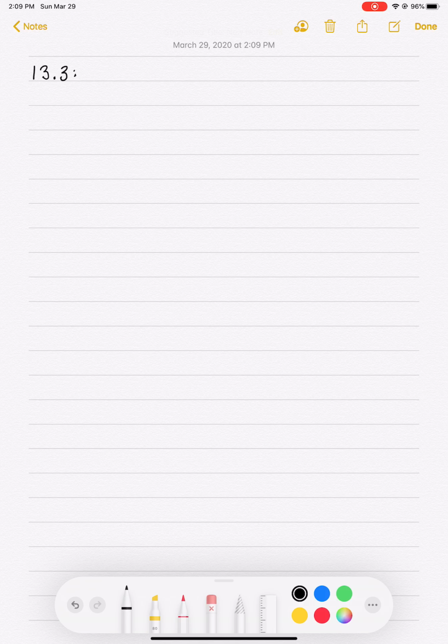When we are naming alkenes, and this doesn't apply to alkynes, we do have to pay attention to the shape of the alkene around the carbon-carbon double bond.